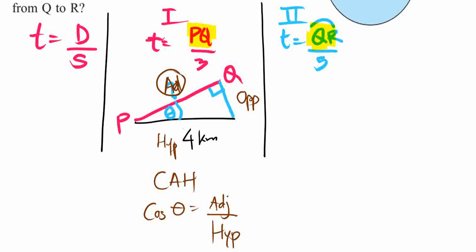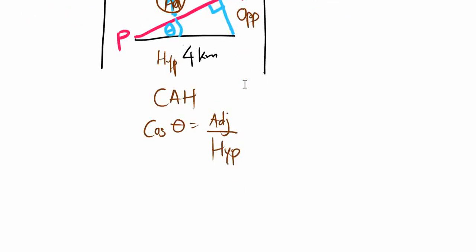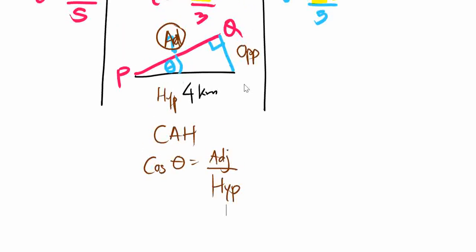Then we will get adjacent is PQ, adjacent is PQ over hypotenuse, which in this case is 4 km.